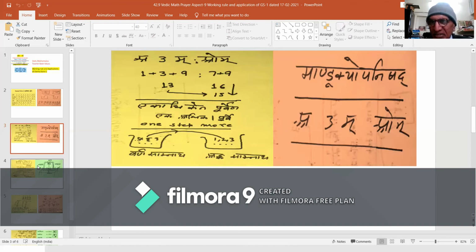This exercise, this illustration, this example will give us faith that the Ganita Sutras, especially the working rules of the Ganita Sutras beginning with Ganita Sutra 1, are going to lead us to the organizing features of the Upanishadic knowledge. Upanishads are the essence of Vedic knowledge, Vedic systems.